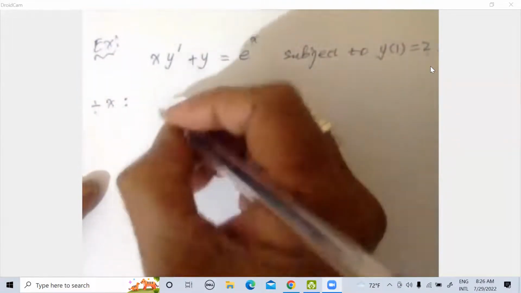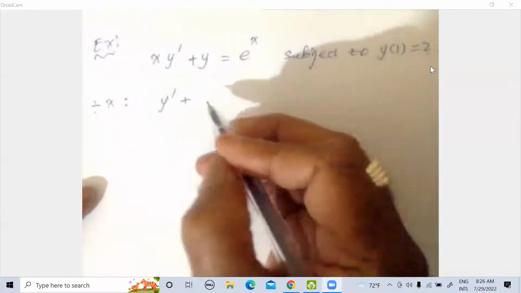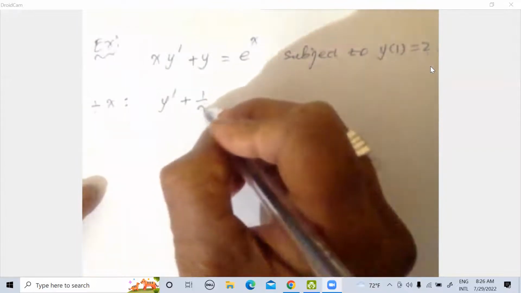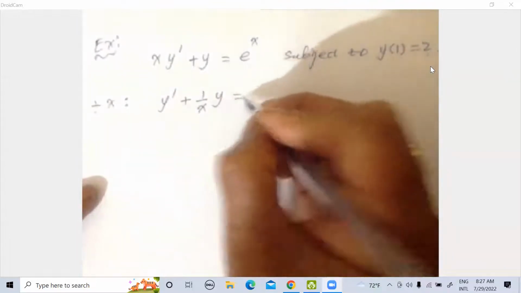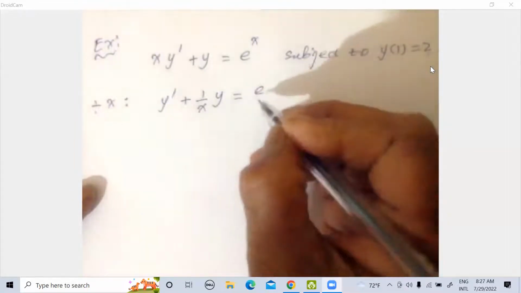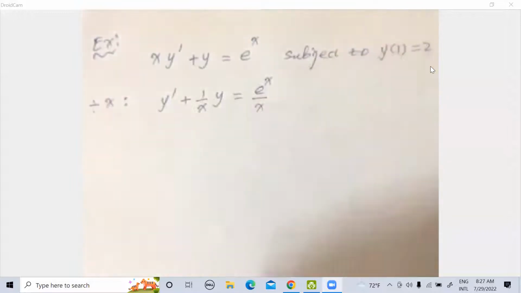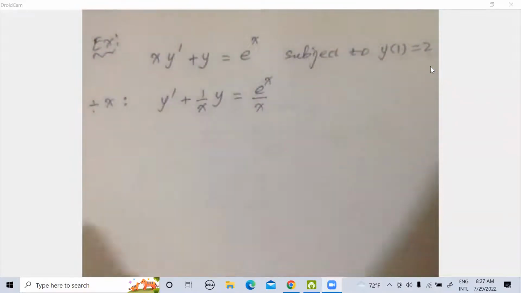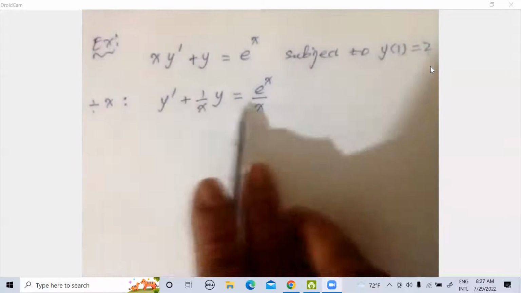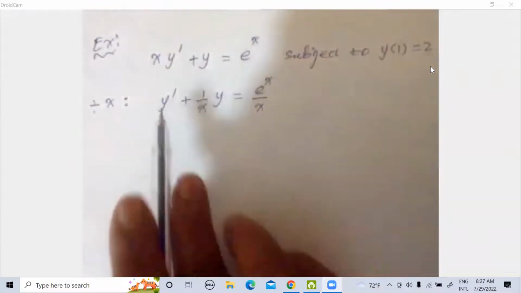So y dash plus 1 over x y equals 1 over x times e to the x, or e to the x over x. Now this is of the linear first order form. y dash means dy over dx. We have to get used to that also.